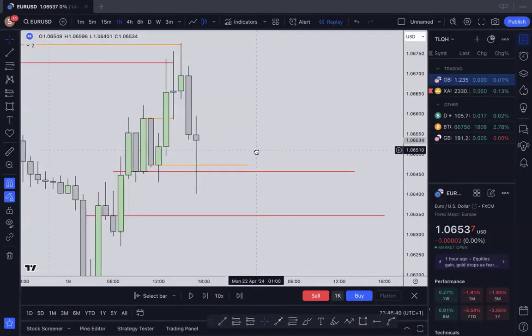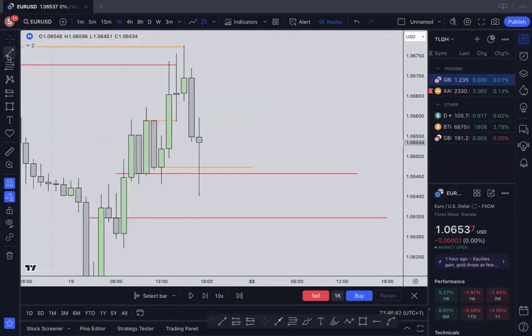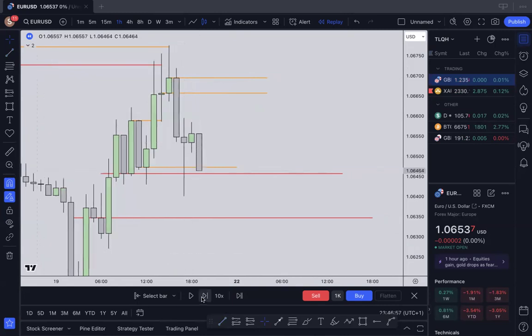Okay, so now that we've got that, and we've got this level here, that could give us something. And then we've also got this flip level here, a gap flip level. And we'll talk about these very, very shortly, probably in the next video. Okay, you can see there, we had this level here, and we reacted from it, pushing it down.